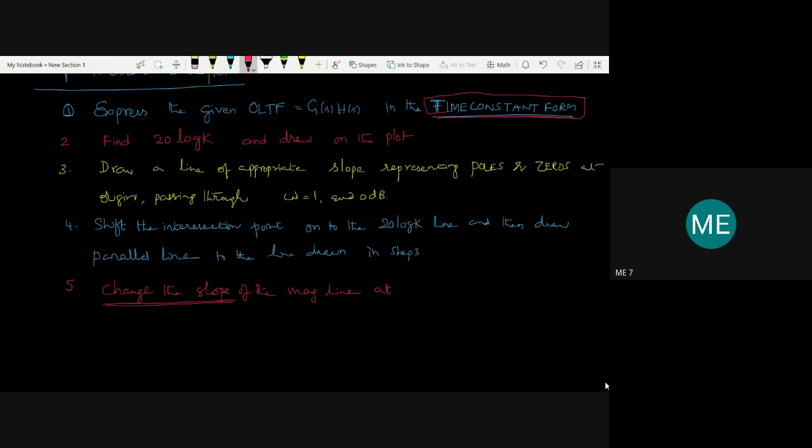We are going to change the slope. Where are we going to change the slope? At corner frequencies. So corner frequencies for each simple pole are different, for each simple zero are different, for each quadratic pole are different, and for each quadratic zero are also different. Okay. Corner frequencies.